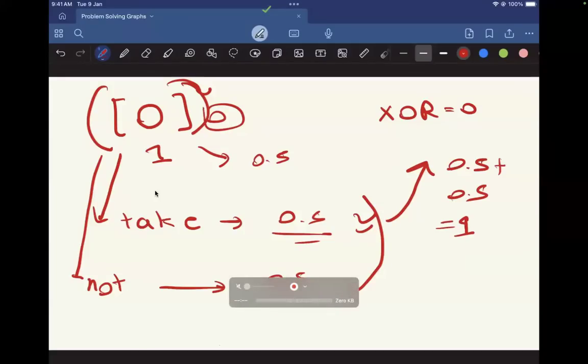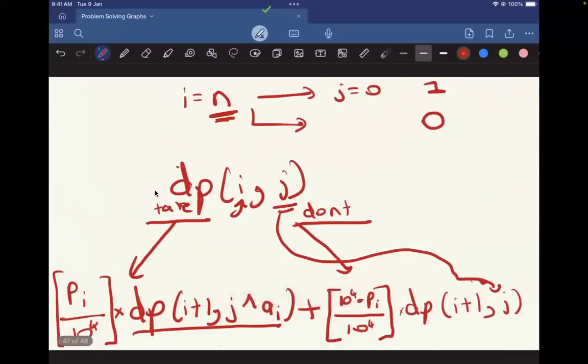So now does this make sense? When I say that dp of i, j is the summation of probability of getting that XOR if we take that element plus the probability of getting that XOR if we don't take that element. And what is the probability? It's just the probability of taking that element and going to the next state plus the probability of not taking that element and going to the next state.